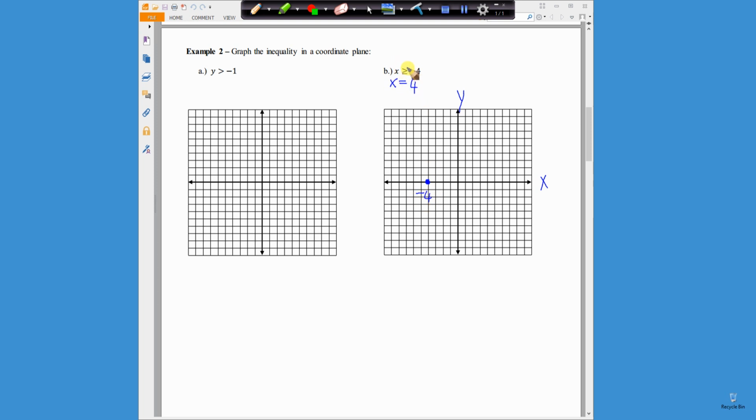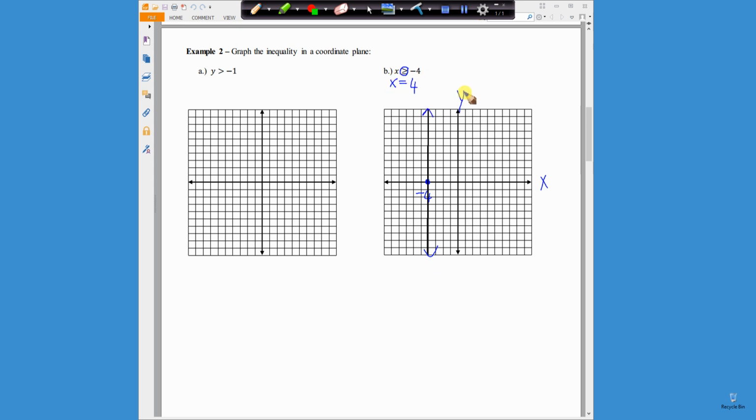But in this case, I have greater than or equal, so my line is going to be solid, not dashed. x equals -4 is a vertical line. Let's do a black line. There it is. It's a solid line. x is greater than or equal to negative 4. Here's the line.